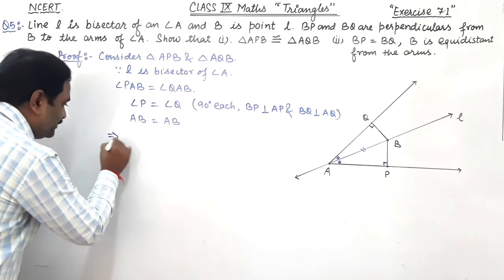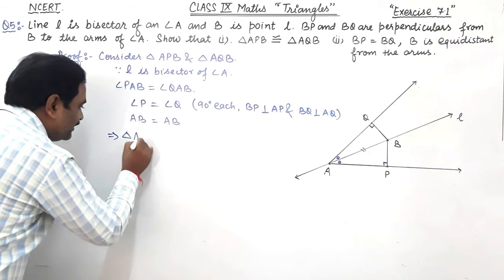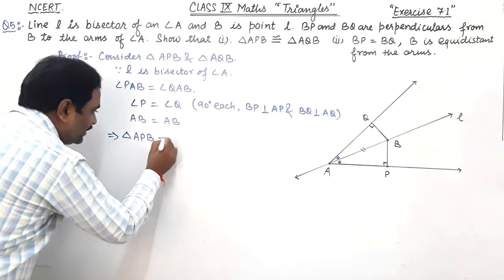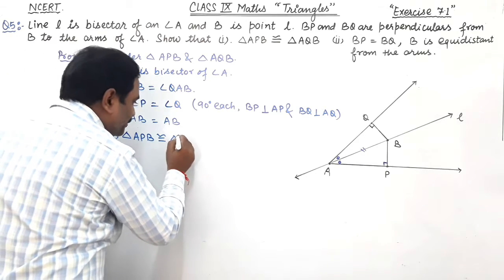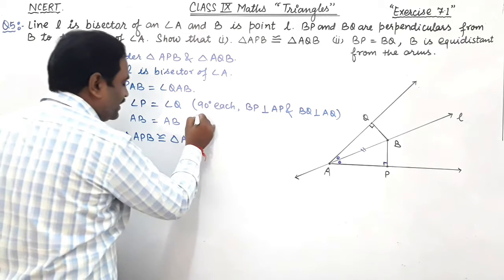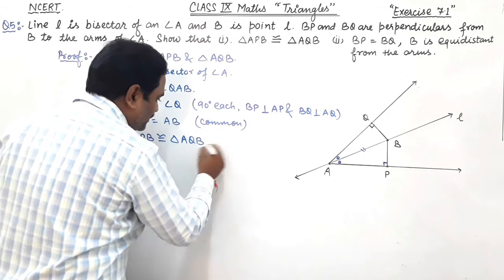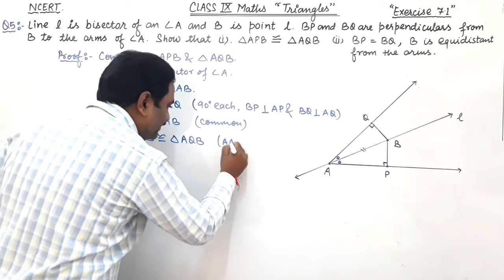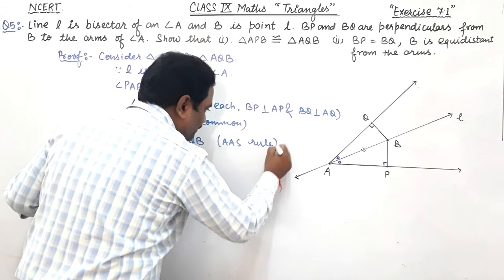Therefore, triangle APB is congruent to triangle AQB, with the reason being the common side, by the angle side congruence rule.